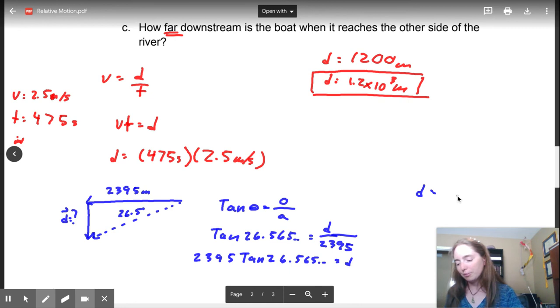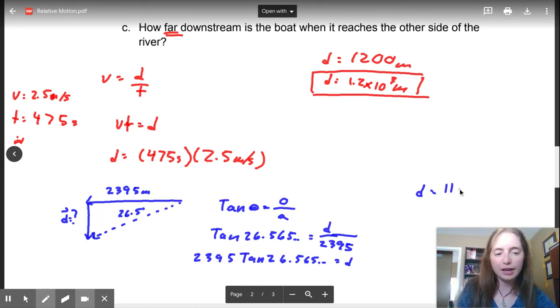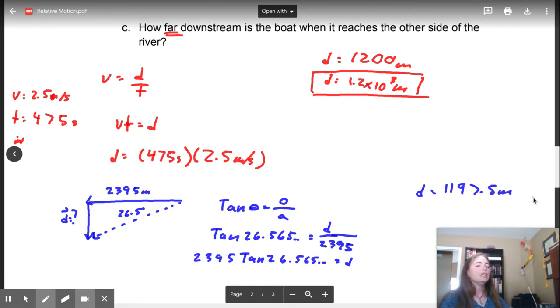Okay, so I'm going to use my calculator because I didn't do this earlier. So I'm going to take my 2,395. Then I'm going to multiply that by the tangent, scroll up, get that full number that you calculated earlier, hit enter. Okay, so I get this value. Okay, it's a little bit different.